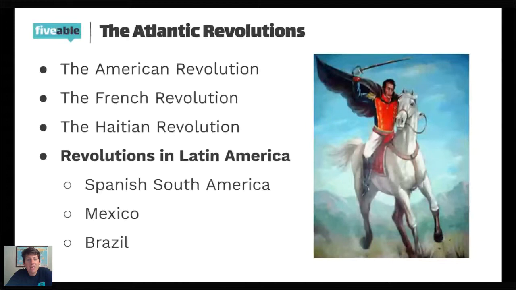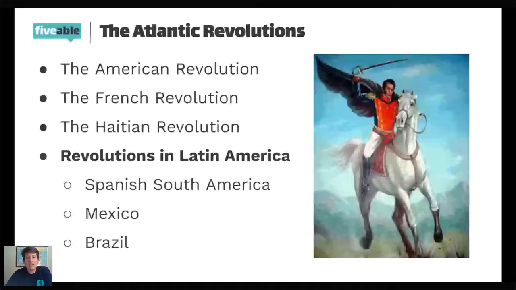And in that window of opportunity, Simón Bolívar organizes an uprising that establishes a republic in Venezuela in South America. Bolívar faced many challenges to his power in Venezuela, but he's ultimately able to cement control.